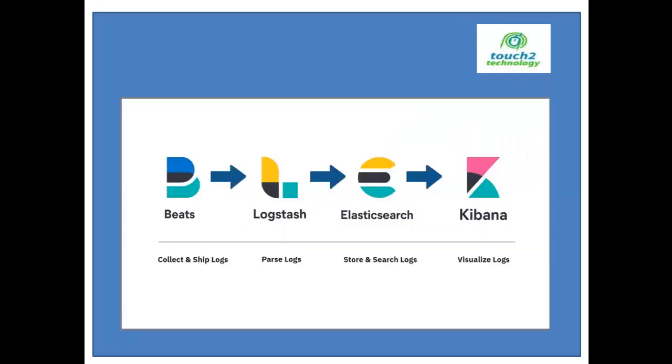So the first component is Beats. Beats works as a forwarder, and it collects and sends the logs to Logstash through the Beats protocol. The second component is Logstash.